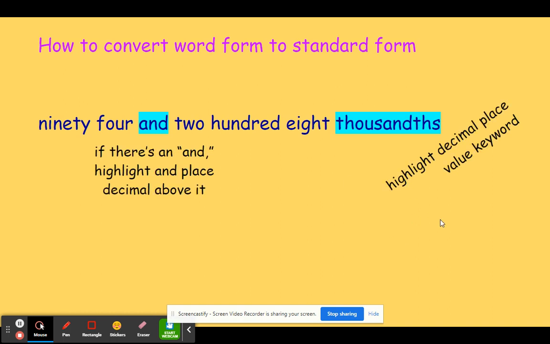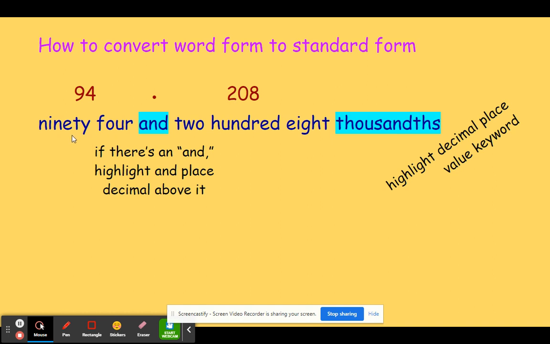Okay, so again, highlight the decimal place value keyword, which we did, which is thousandths, and we highlighted the word and. Now, above the word and, we put a decimal point, because and tells you that we're going to have a whole number. Whatever is in front of the word and is your whole number. So 94 is your whole number.